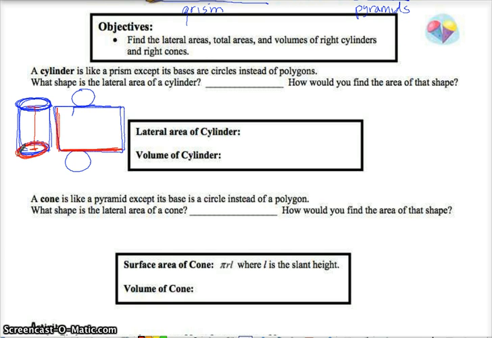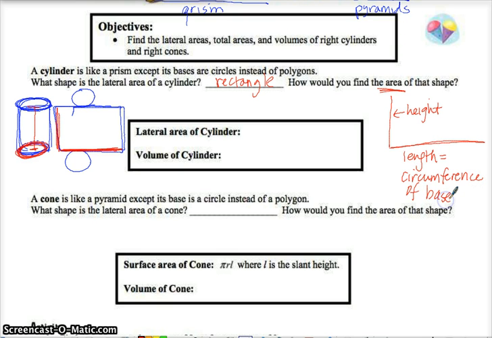So think about that. What is the shape of the lateral area of the cylinder? It's a rectangle. Except how would you find the area? Well, it's the height, right? We said this part's the height of the can itself. But the length, we just said, is the circumference of the base.